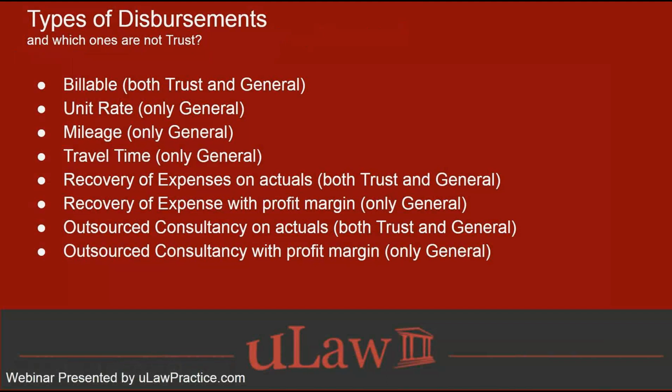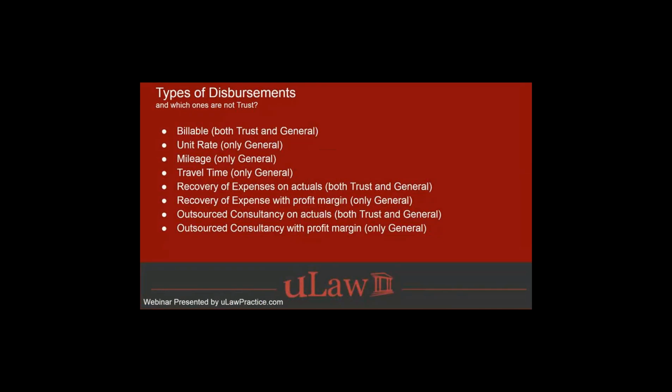Before we jump into this slide, which specifically talks about the disbursements, one of the first things that you would do is ensure that you've clearly outlined how you'd go about docketing. So there are certain clients that do billable time. Whatever time they put in, they're going to charge them for it.